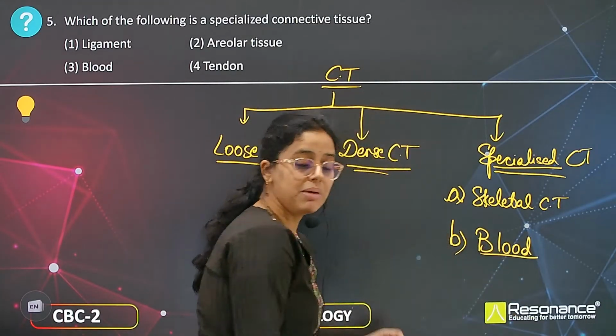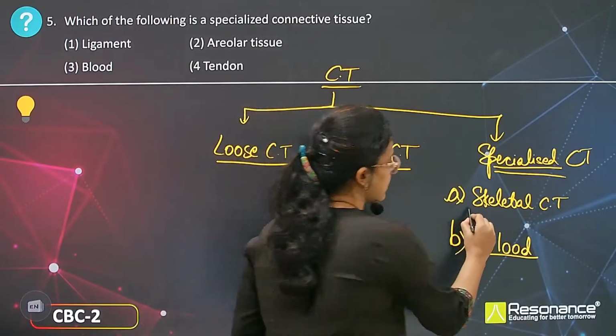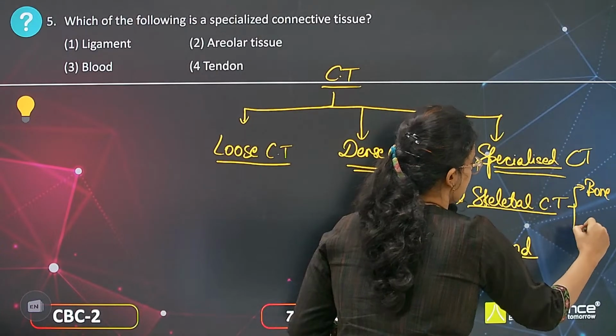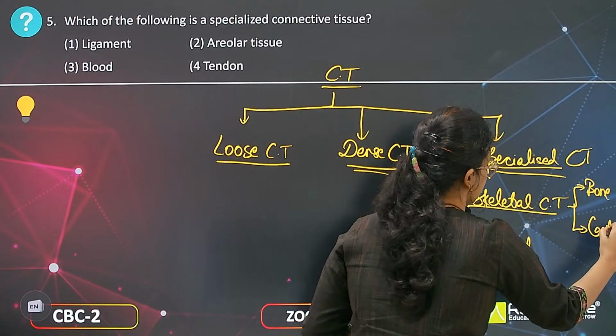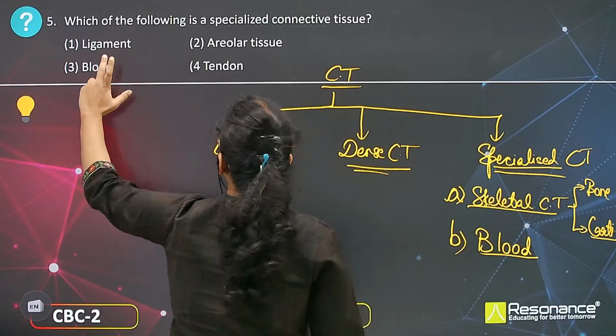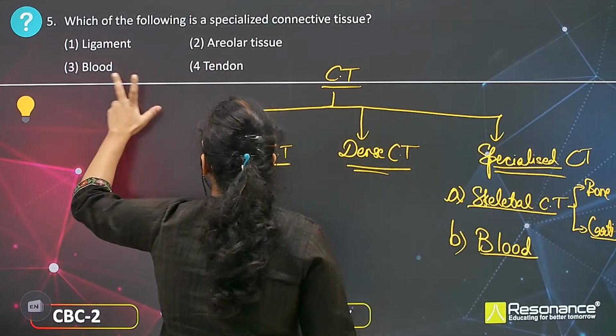Skeletal connective tissue further consists of bone and cartilage. So among the options: ligament, areolar tissue, tendon and blood.